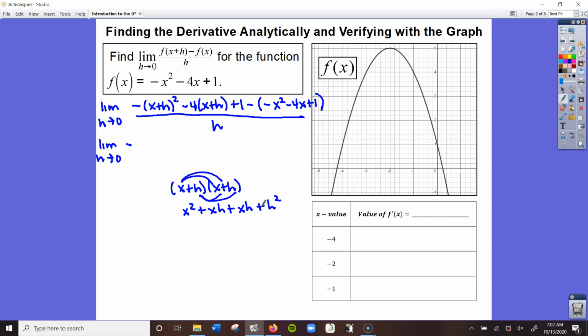So what this would give me would be x squared plus 2xh plus h squared. So that's what I'm going to replace the x plus h squared with, is x squared plus 2xh plus h squared. So I'm just going to go ahead and erase that so I have that space there that we need.